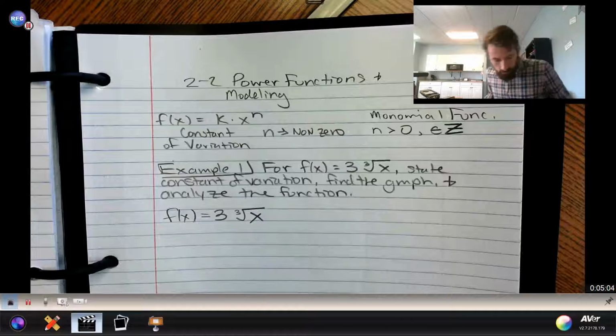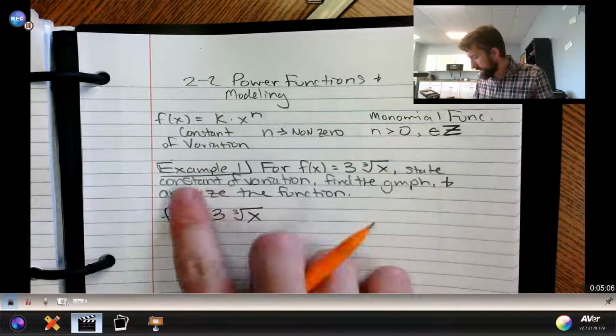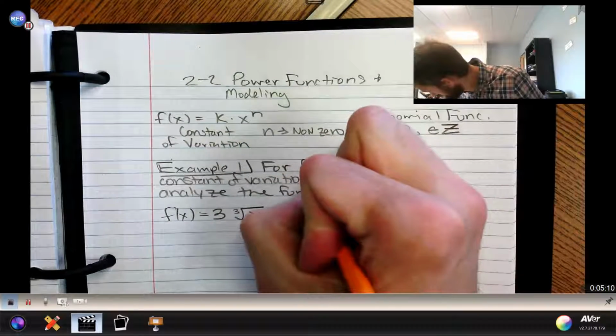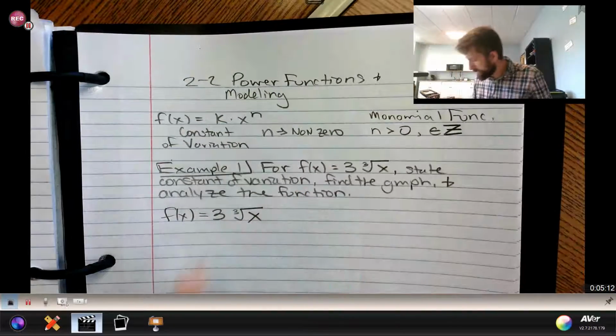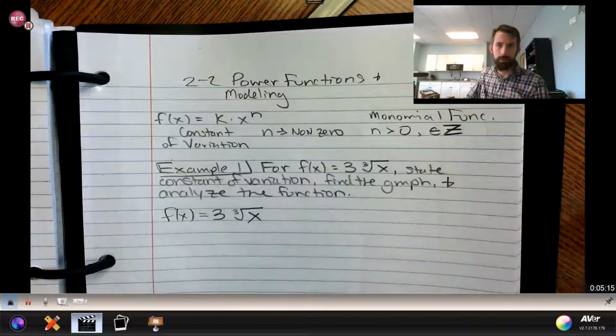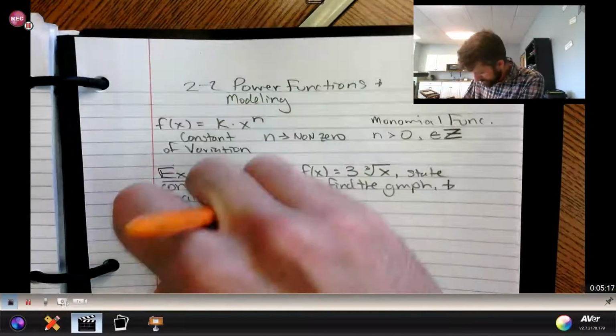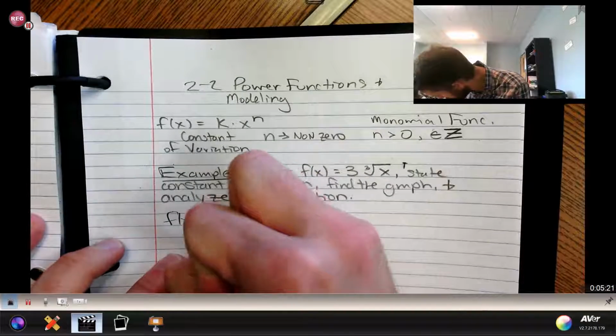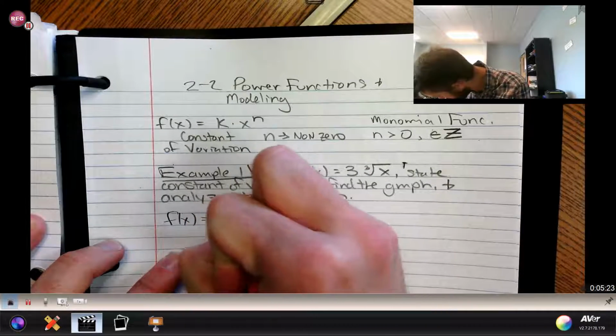Next, we need to identify the constant of variation and the power. Wow, I wrote the same thing twice. I meant to write 3 times x to the 1/3.